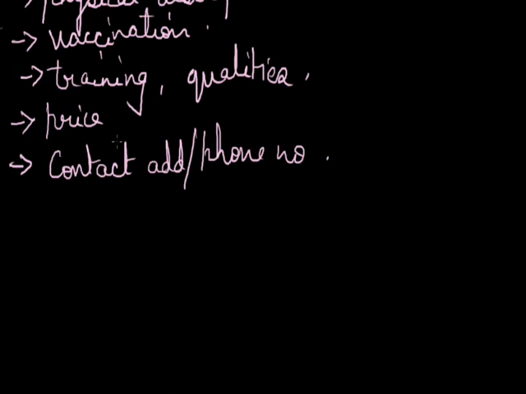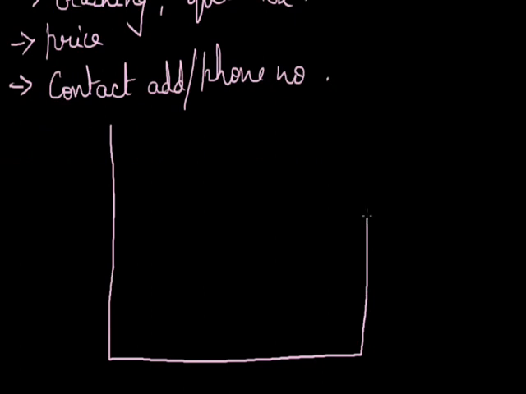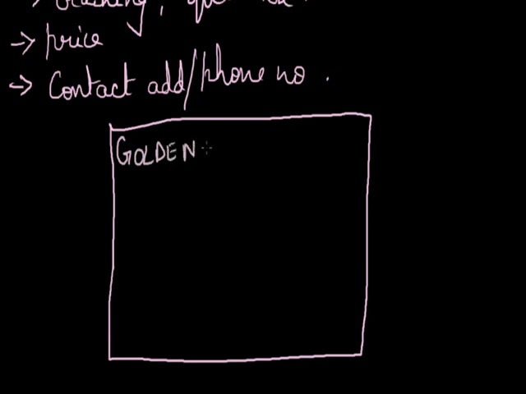For that, you need to make a box, and now starting with it, you will be starting with the golden retrievers. Golden retriever puppies for sale. Important bloodline of both parents.